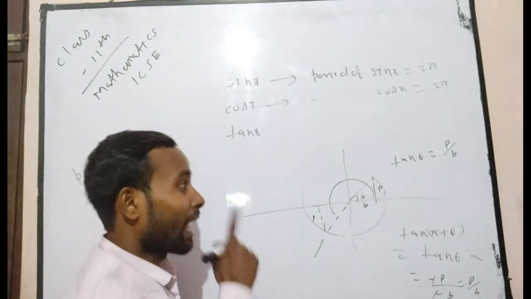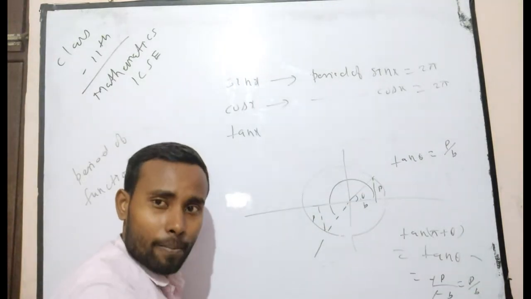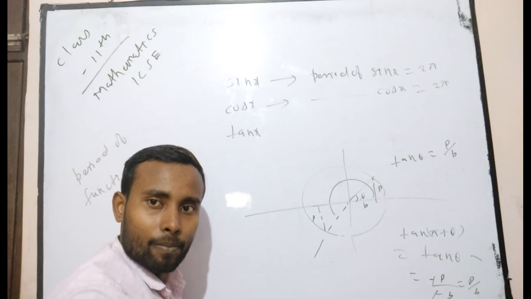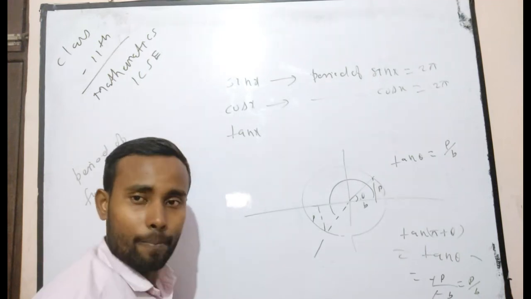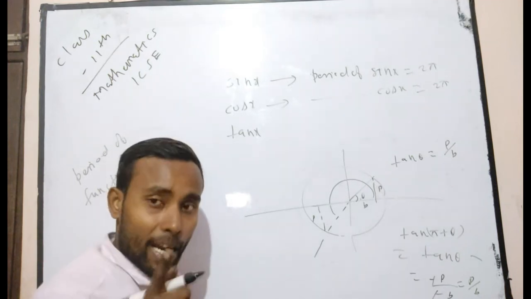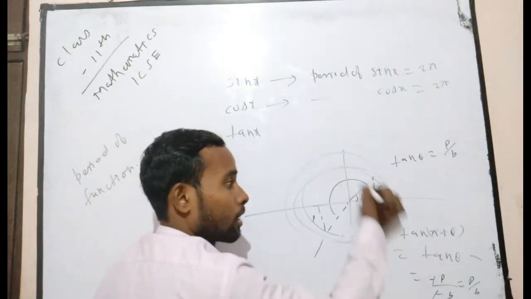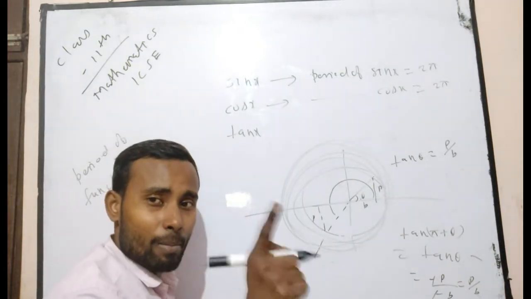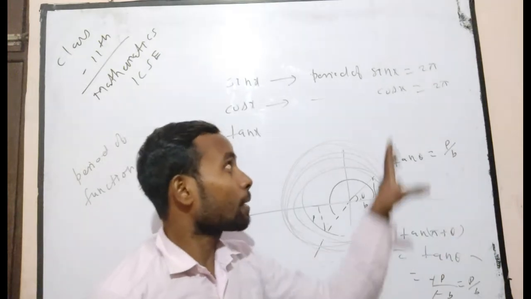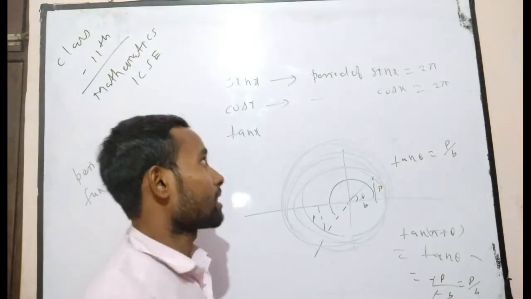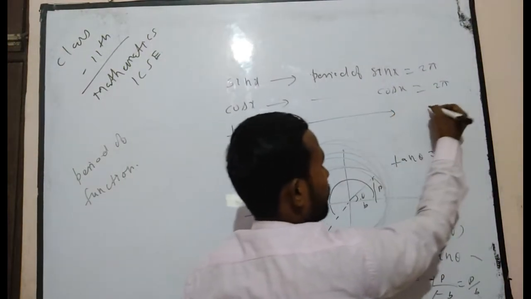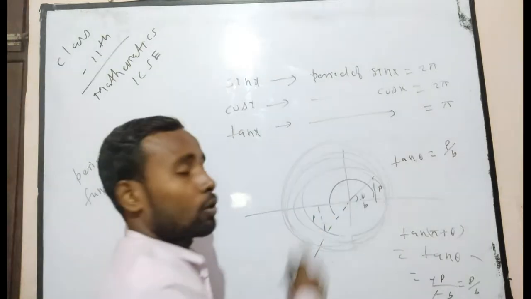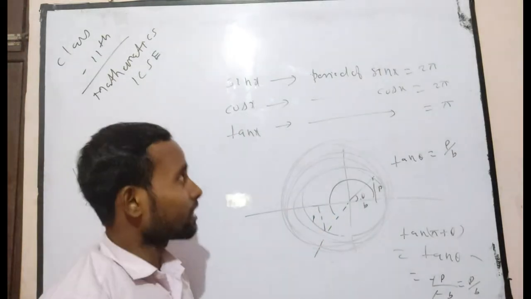That means tan theta is repeated after only pi. It is the minimum value. I know it also repeats after 2 pi, 4 pi, 6 pi, 8 pi, but you have to find the minimum value of p for which it repeats. That means the period of tan x is equal to pi. This is the logic behind it.